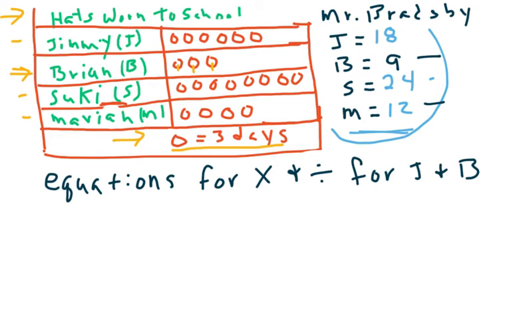Now let's look at, could we write some equations for multiplication and division for Jimmy and Brian? So again, we're going to use Brian, but we're going to take Jimmy, that's here, right, and Brian, and see if you could write an equation using the J and the B, right? Using Jimmy and Brian, the relationship between them, and see if you could write a multiplication. You only need to write one.